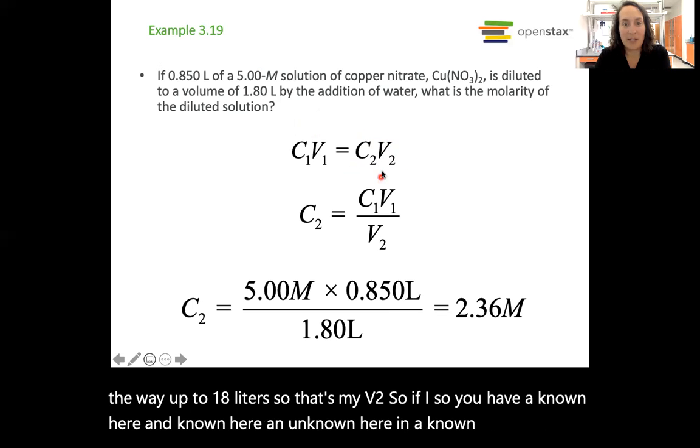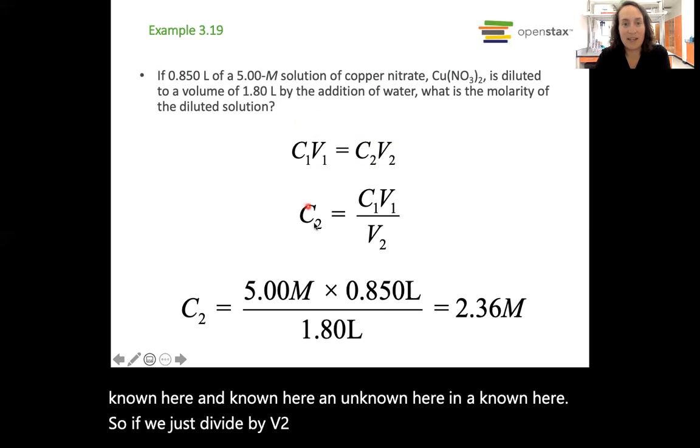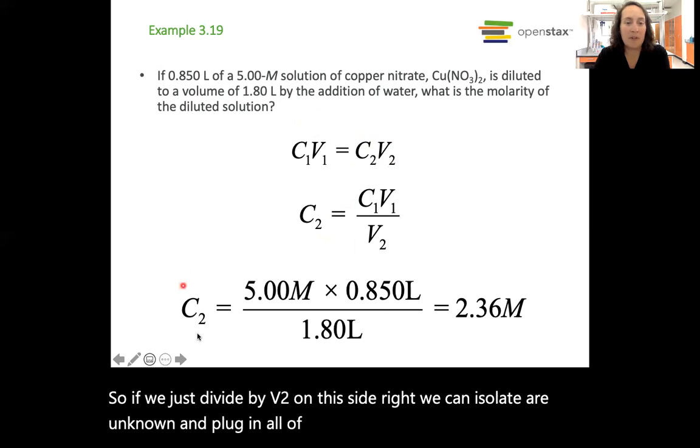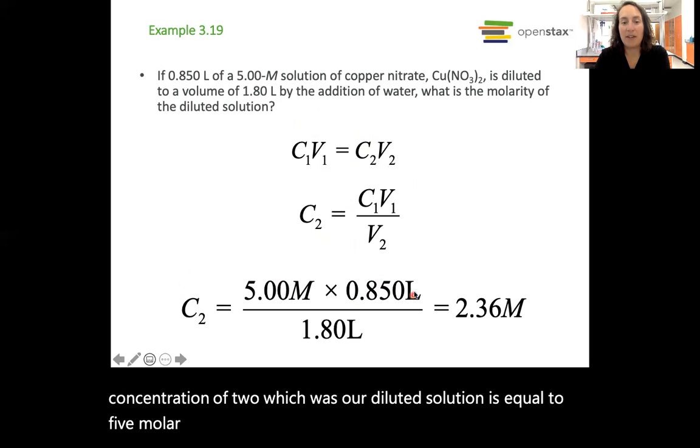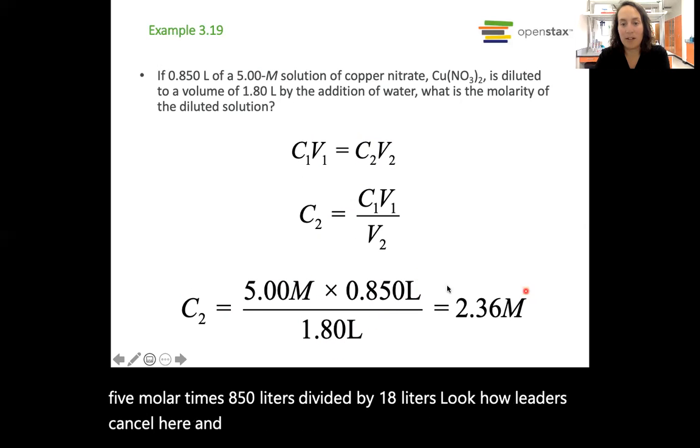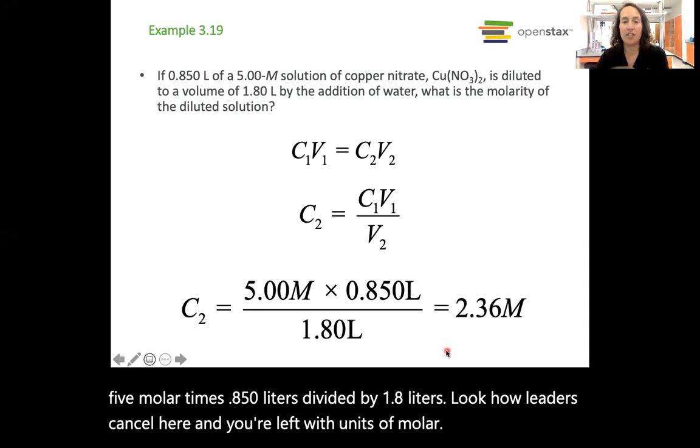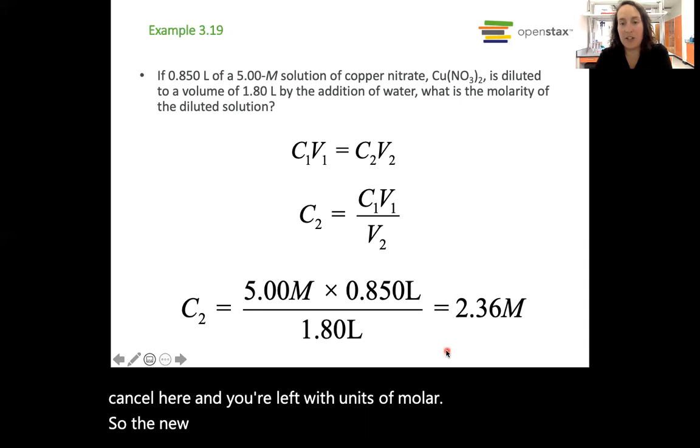If we divide by V2 on this side, we can isolate our unknown and plug in all of our numbers. So the concentration C2, our diluted solution, is equal to 5 molar times 0.850 liters divided by 1.8 liters. Look how liters cancel here, and you're left with units of molar. So the new concentration is 2.35 molar.